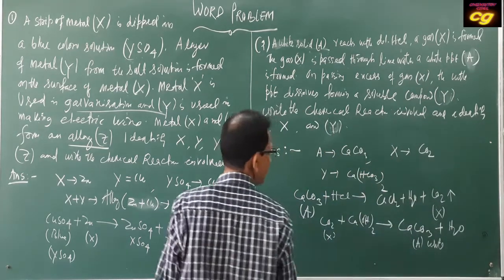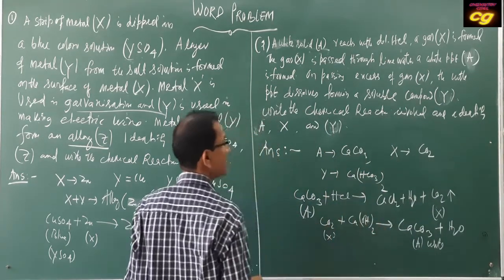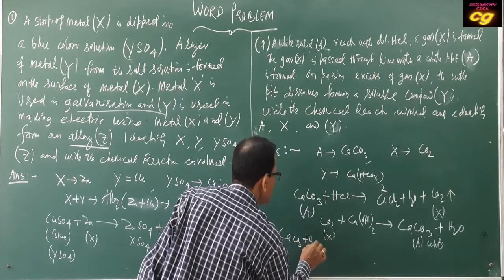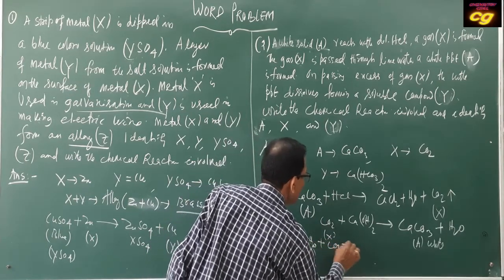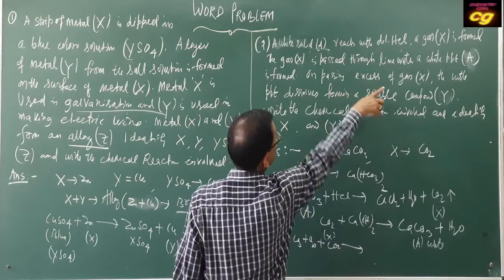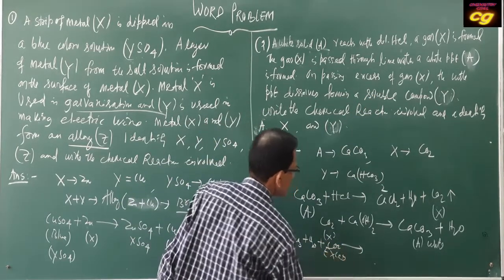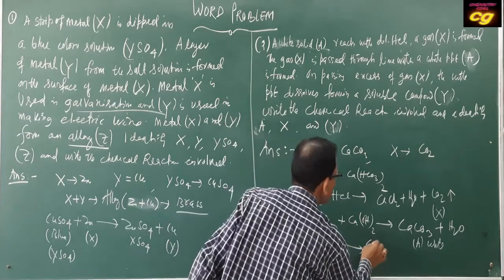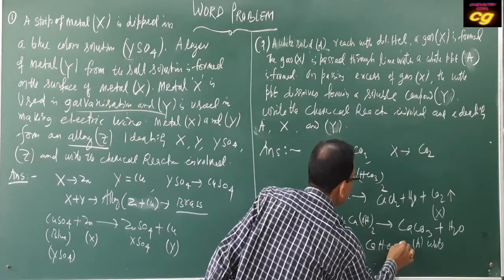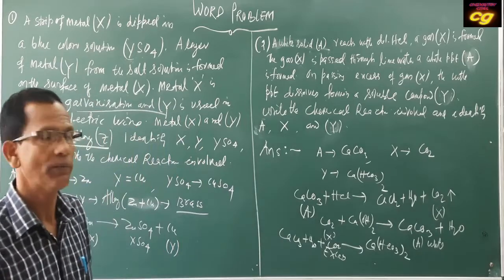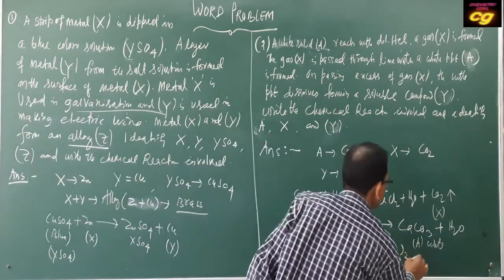Then the next part. When you pass carbon dioxide again in excess through CaCO3 plus water, it forms calcium bicarbonate. Calcium bicarbonate is formed, which is water soluble.